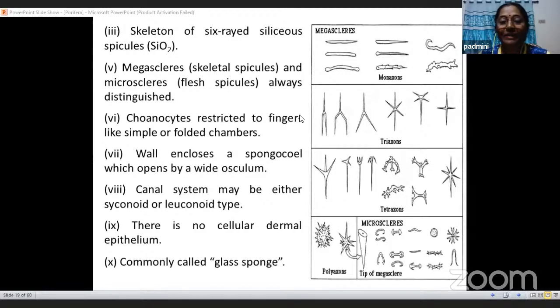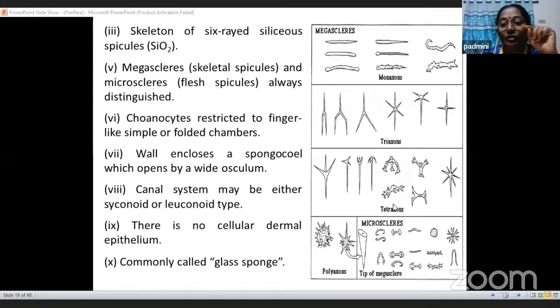The big ones are megasclers, and the small ones are microsclers. And this is the shape I was talking about. Monaxon, a single needle-like structure. Triaxon, it can be of any shape like this. And this is a hexaxon, though they are termed triaxon, 3 plus 3. So hexactinellida is also placed at the triaxons.